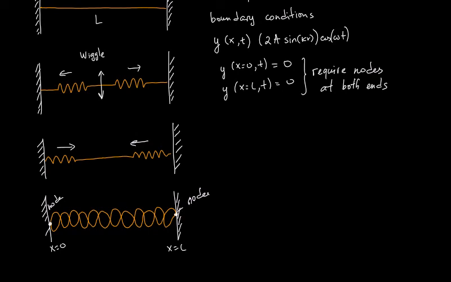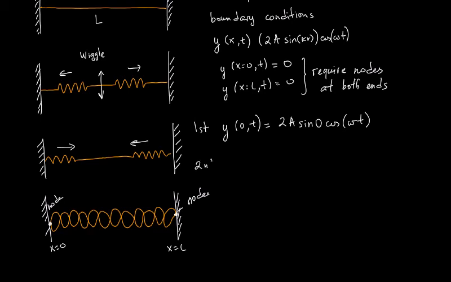Now let's apply these boundary conditions to our function. We would have y at x equals 0 for any t equals 2A sin 0 cos ωt. That's the first condition.